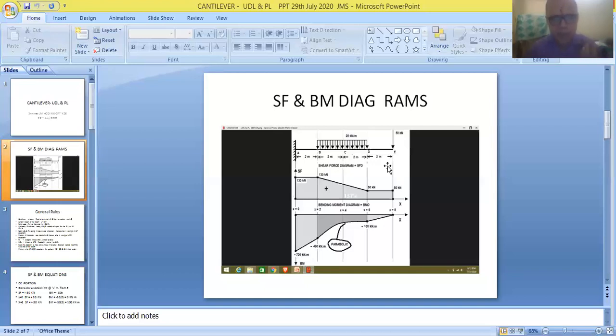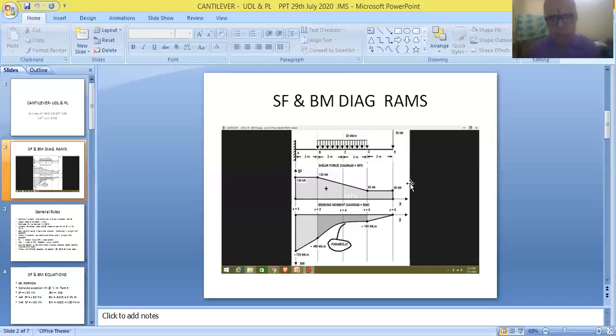So as per the data given in the problem, as shown in the figure, the total length of this beam, that means the total span or the entire span of the beam, is obviously given as 8 meters.